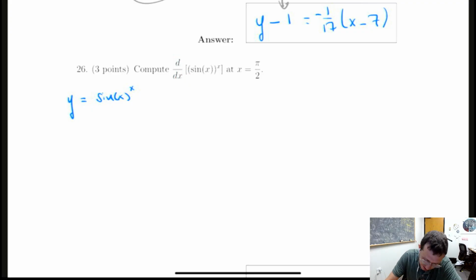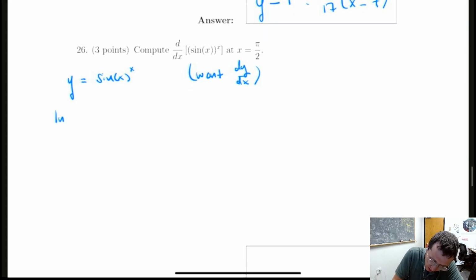So to get around that, I'm going to set y equal to this expression, y equal to sine of x to the x. So I'm looking for dy dx. And then I can take the ln of both sides of the equation.